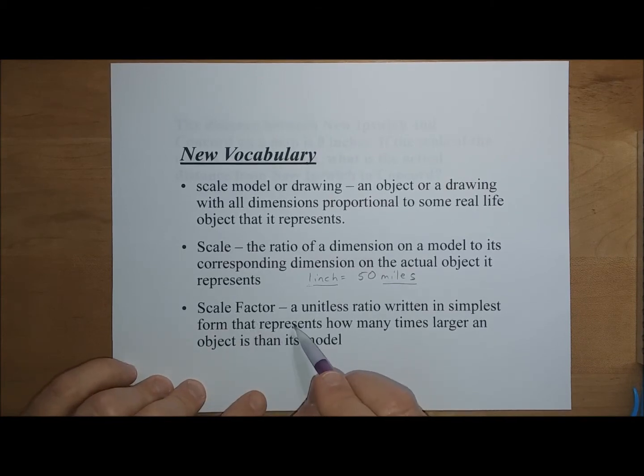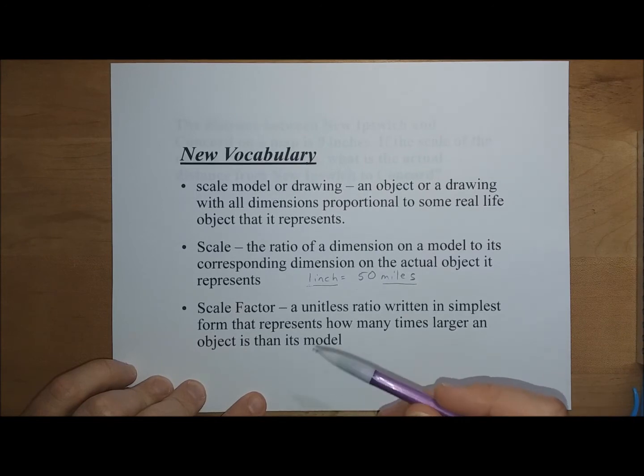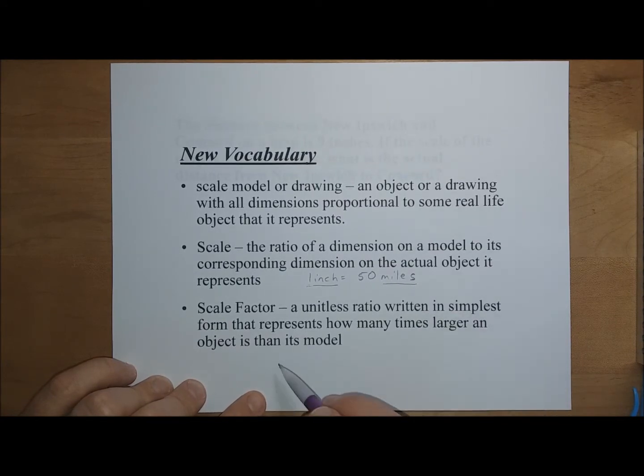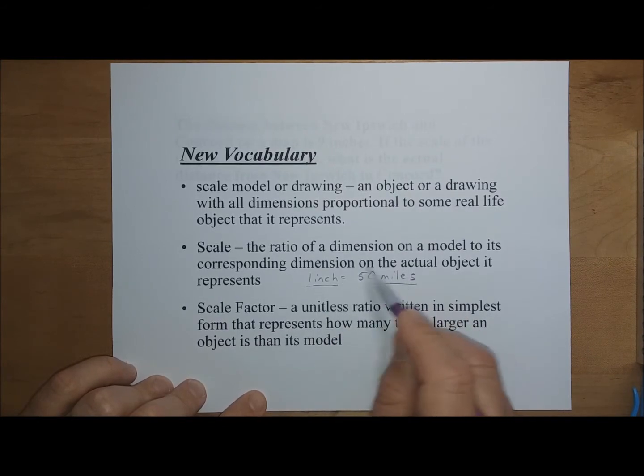Now that's as opposed to a scale factor. A scale factor is basically, sometimes you just want to know how many times bigger the real thing is than its model. So it's a unitless ratio written in simplest form that represents how many times larger an object is than its model. So for instance, I could turn this into a number.